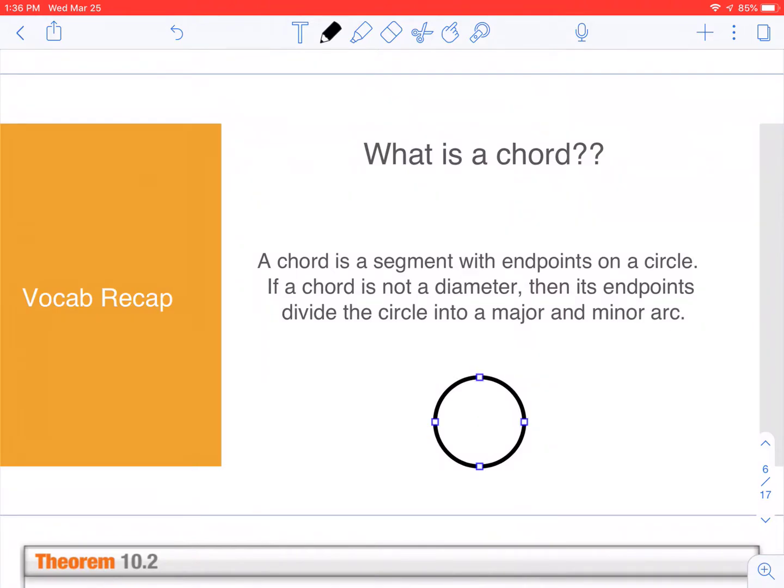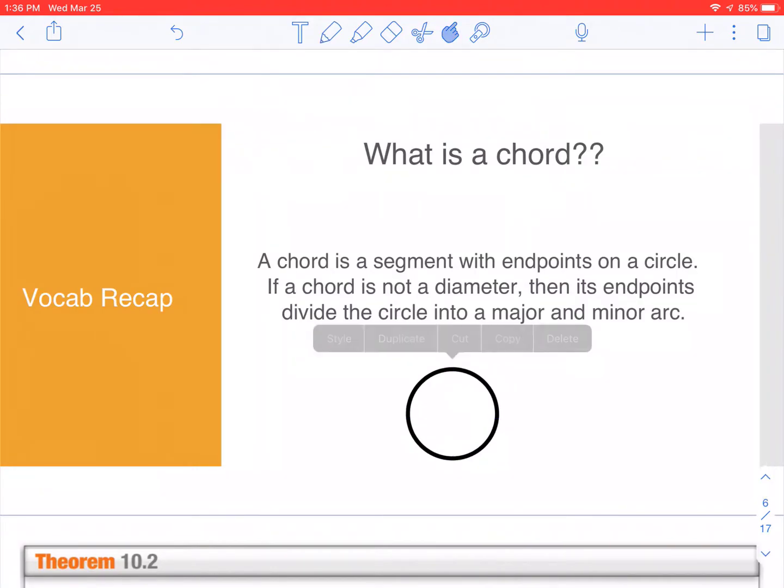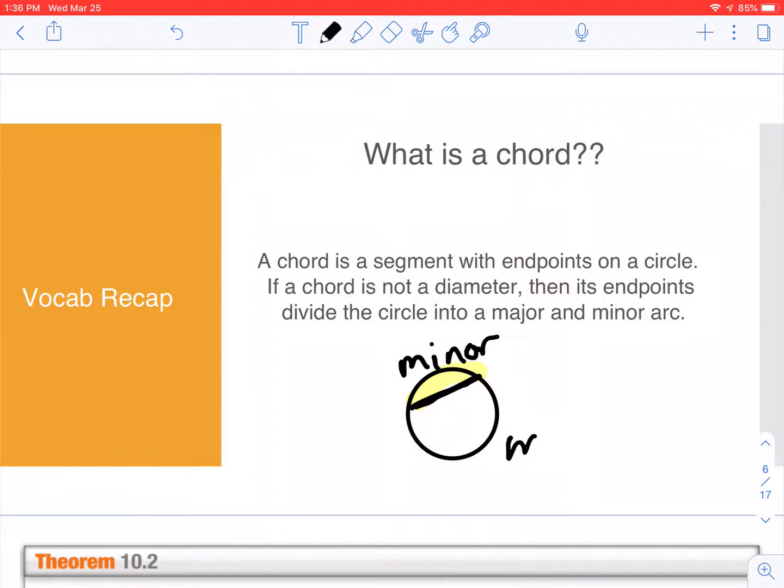Pretty cool. A chord goes from any two points on the circle, like so. If a chord is not a diameter, just a review here, we have a minor arc. My minor arc is right here, and the rest of it would be a major arc.